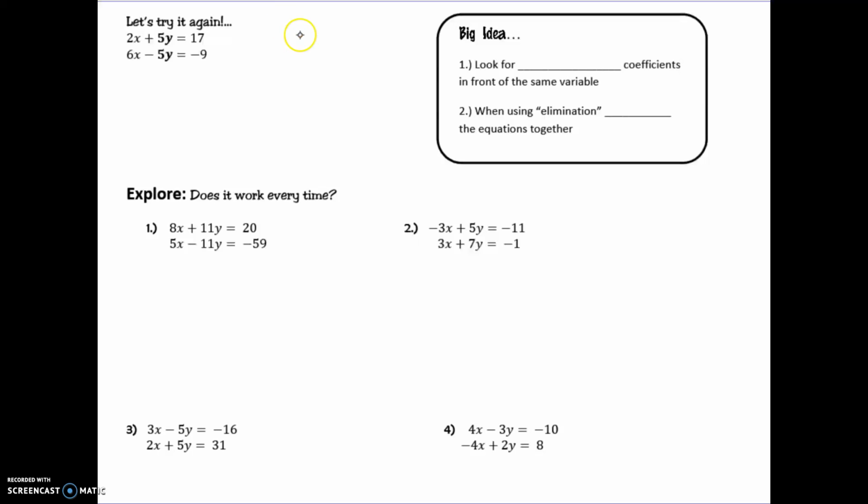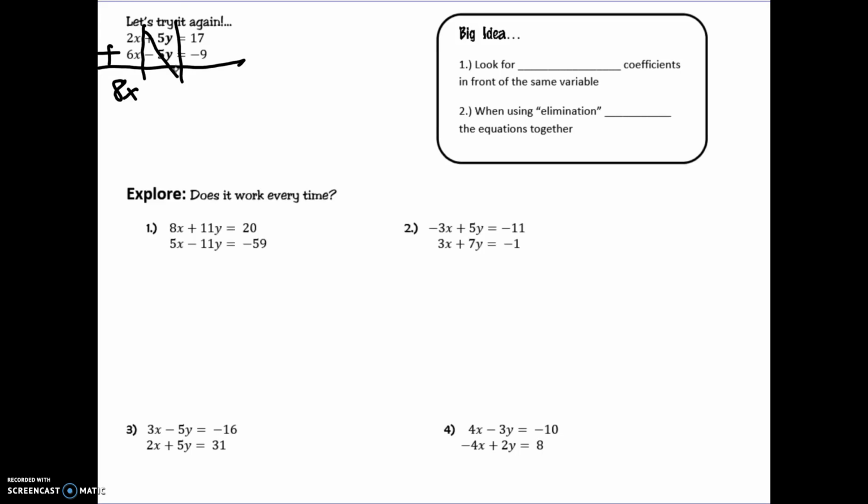Using addition, I'm going to combine these two equations together and add them by columns, just like we practiced above. So now I'm going to get 2x plus 6x equals 8x. And 5y minus 5y or plus negative 5y is going to cancel out.